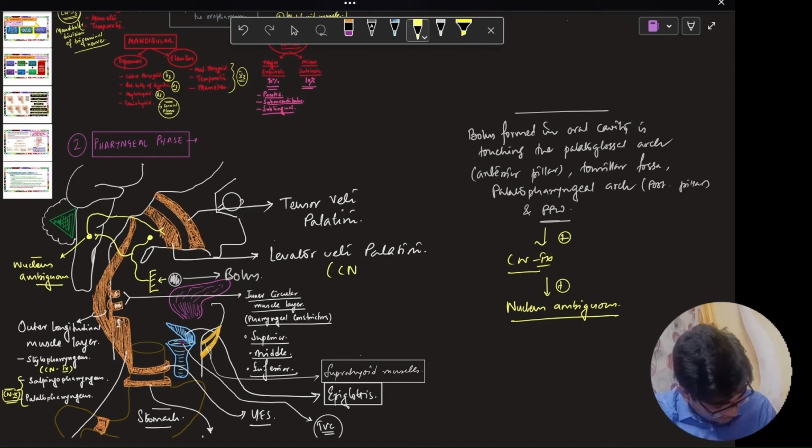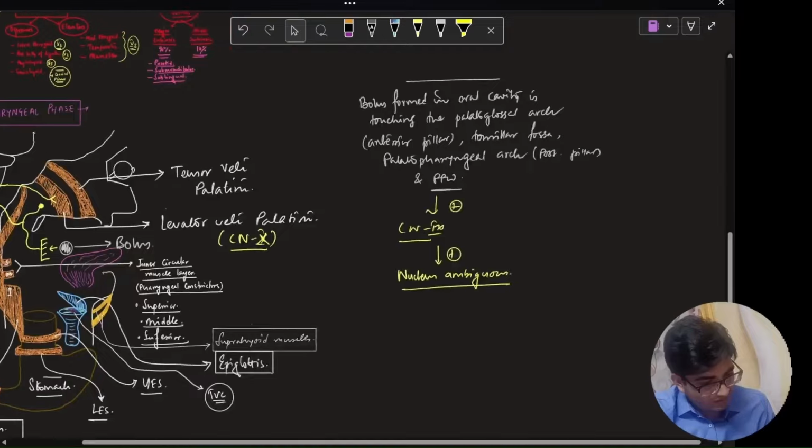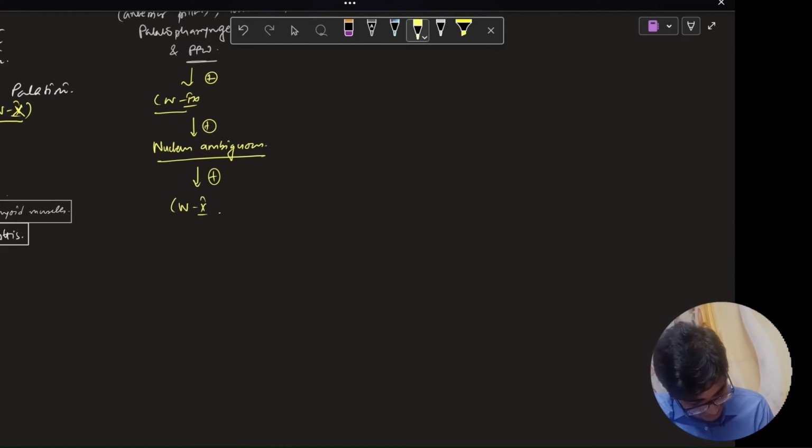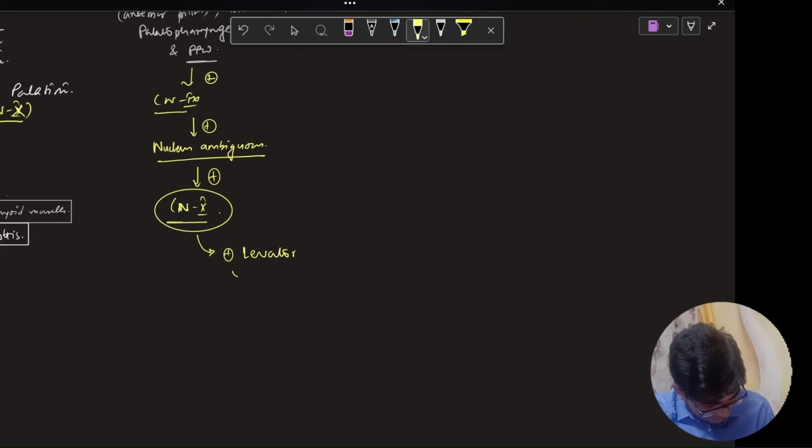So when the nucleus ambiguus is stimulated, cranial nerve 10, that is the vagus nerve, will be stimulated, and on stimulation of cranial nerve 10, this will stimulate the levator veli palatini muscle.